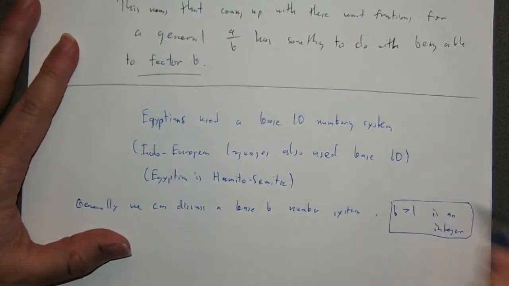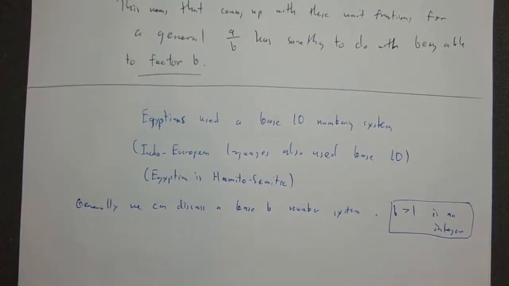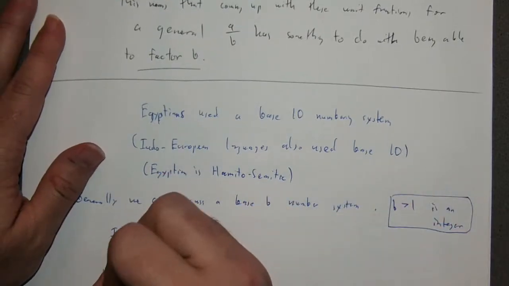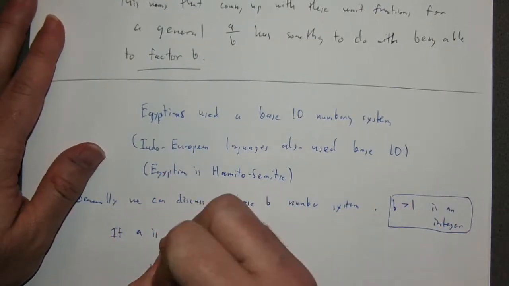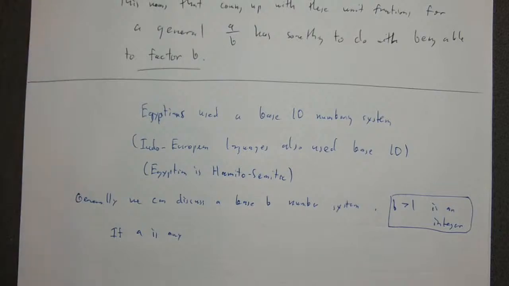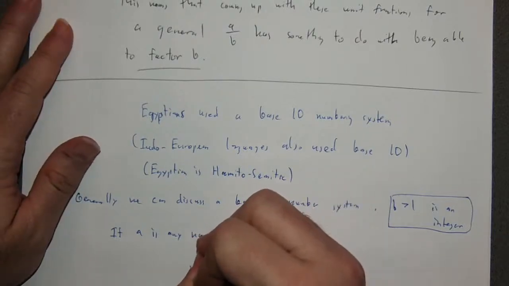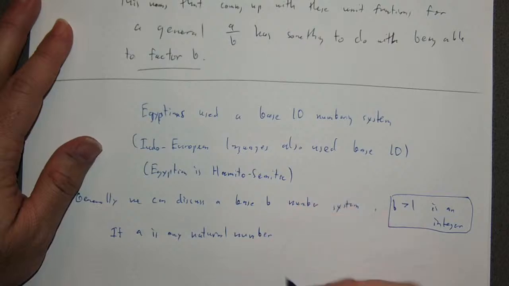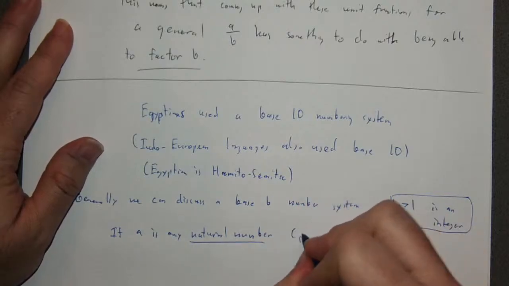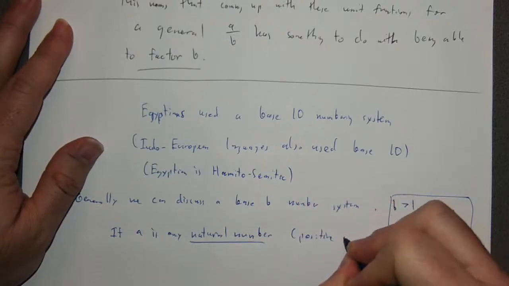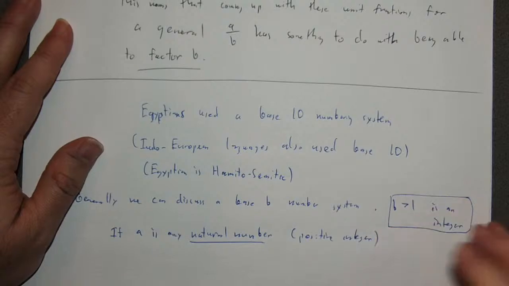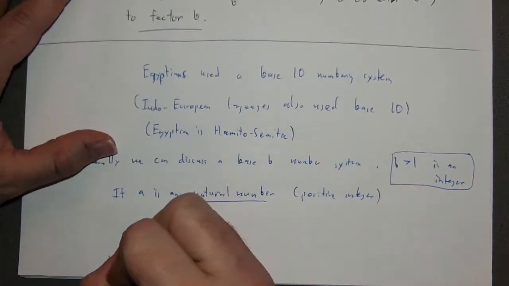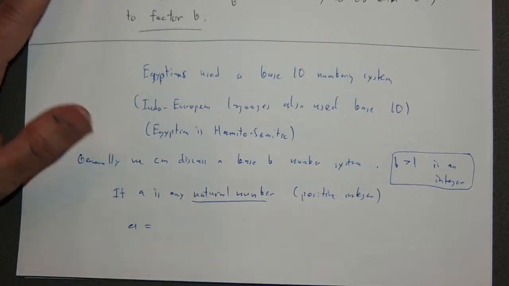Then we can express any number. If a is any natural number, a natural number being a positive integer, then a can be expressed in base b in the following way.